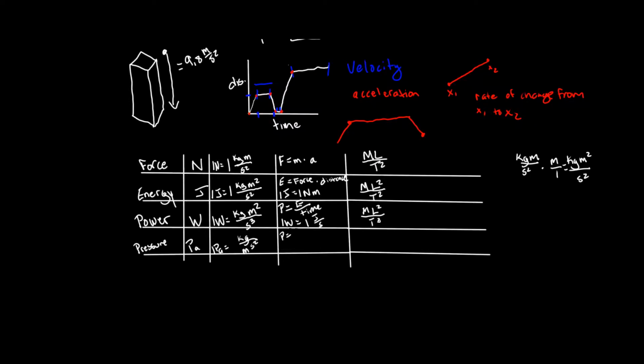Pressure is a force per area. P is force per area. And so it's easy to say as well that 1 Pascal is equal to 1 Newton, right, per meter squared.